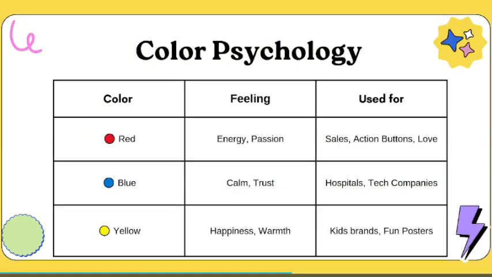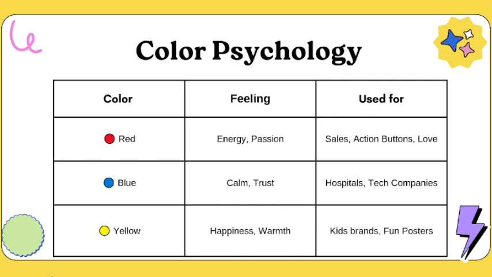Look at the color psychology that we have here. Red has the feeling of energy and passion, and it is usually used for sales, action buttons, or love. Then we have the color blue, which has the feeling of calm and trust.